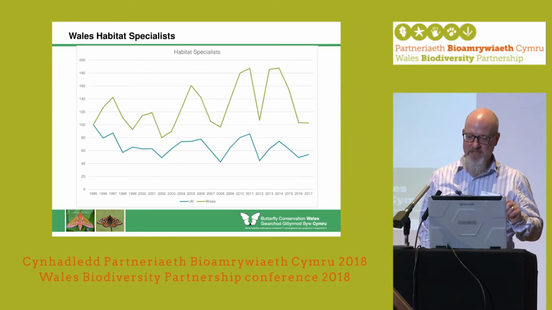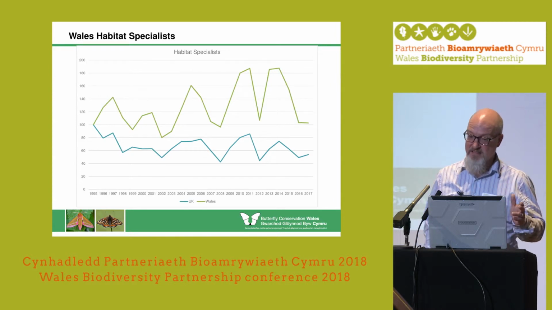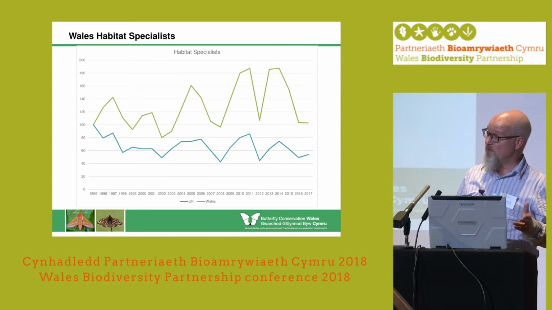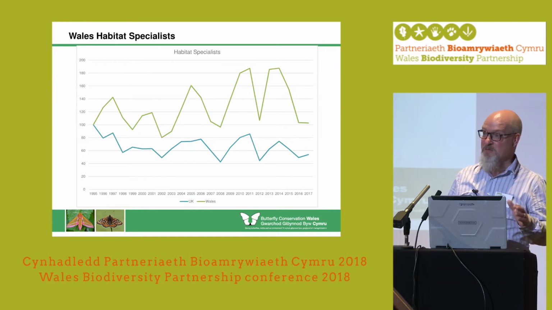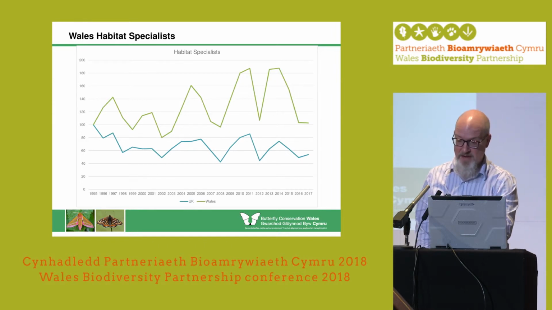And what you can see from that is the trend is actually improving. It's not statistically significant, but it seems to be improving. And I think that's largely down to a lot of the work that's gone on for the threatened fritillary species. It certainly has halted the decline of those species, such as the marsh fritillary.